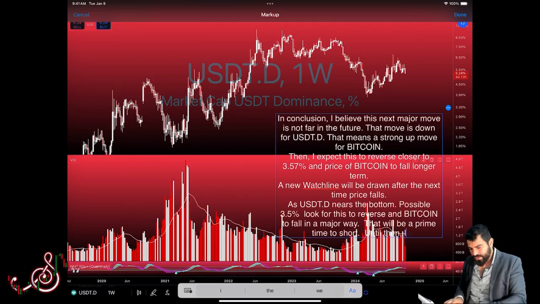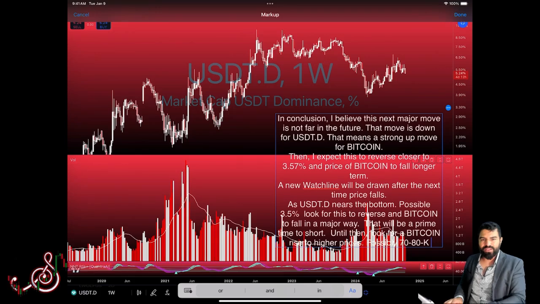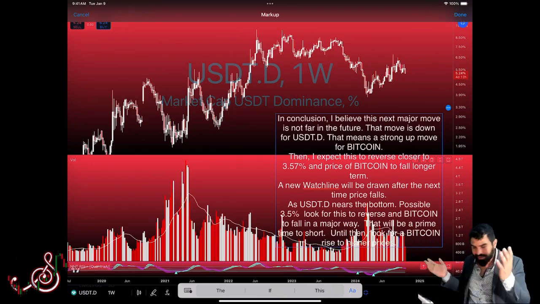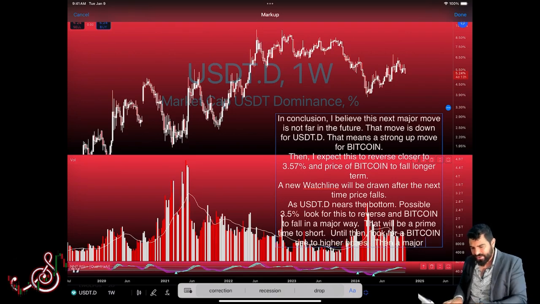Till then, look for BTC to rise to higher prices, possibly 70 to 80K, maybe even 100K, according to the map. I'll just say higher prices because we'll need to consult that map. Could be 100K, we'll have to see. I'll look for prices to rise, then a major crash in the future.